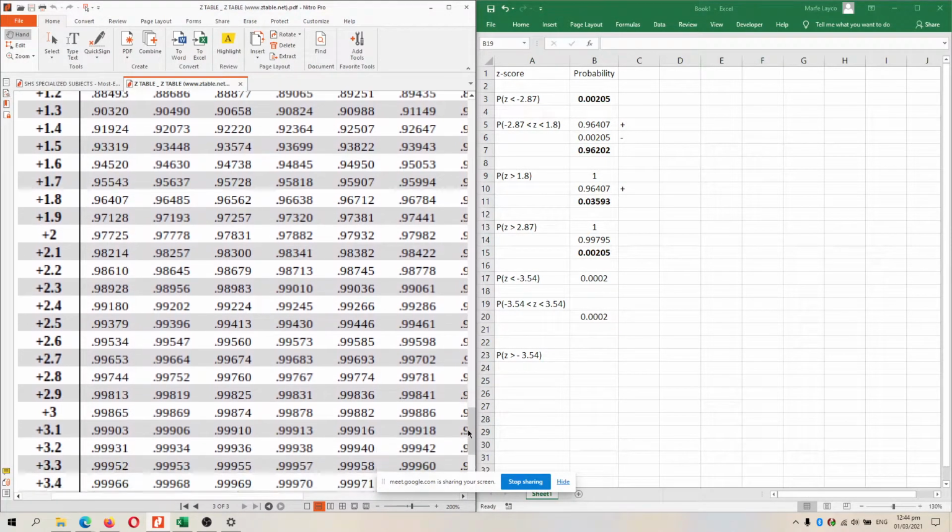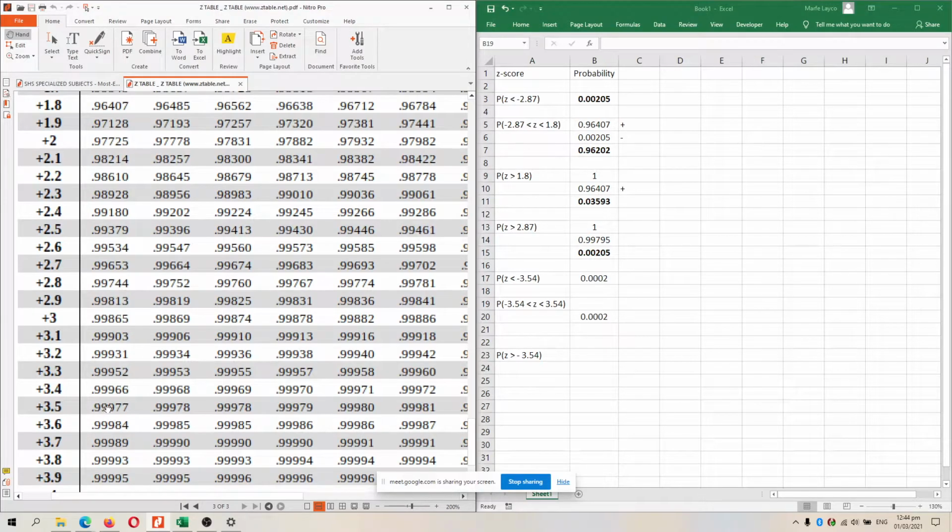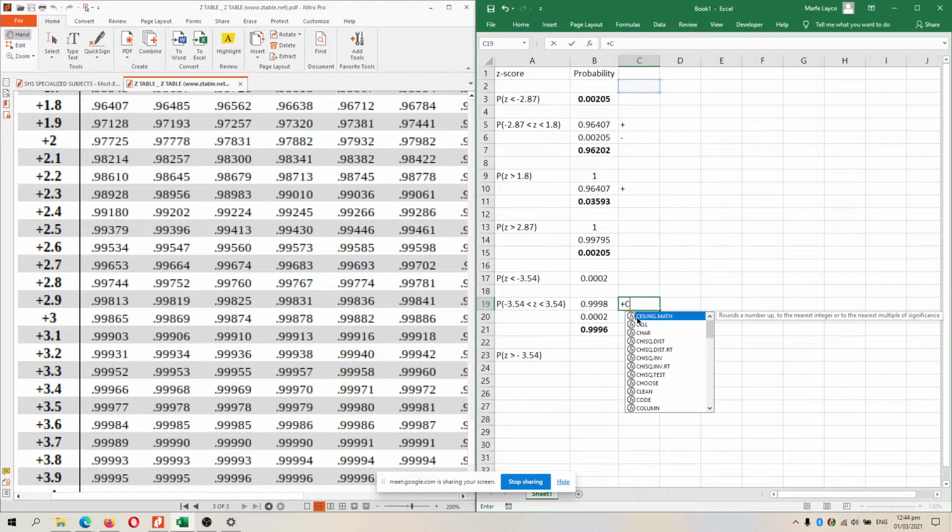That is 3.5, then 0, 1, 2, 3, 4: 0.99980. Ngayon, i-deduct natin. That is 0.9996. Ito yung sagot natin.